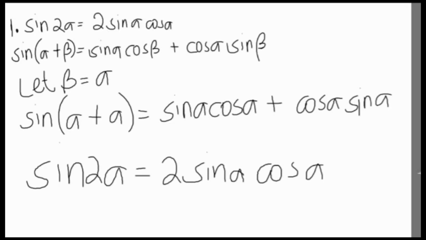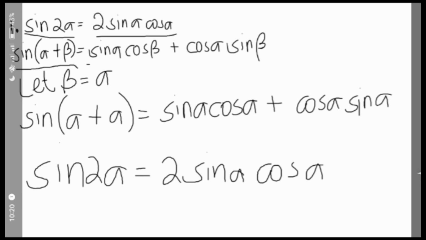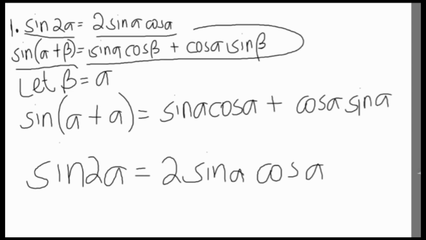So let's first derive the first formula, which is the sine of 2a is equal to 2 sine of a cosine of a. This formula is derived from the sum of two angles for the sine, which is this one. The first thing we do is replace all the beta by alpha.